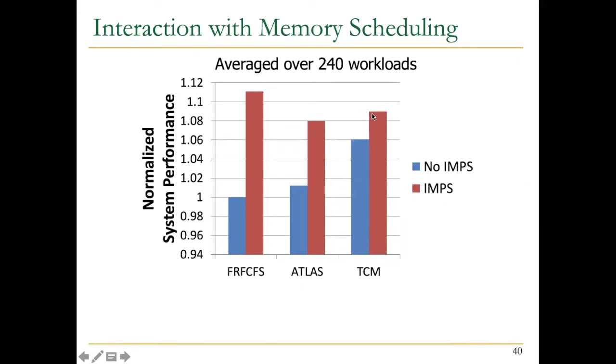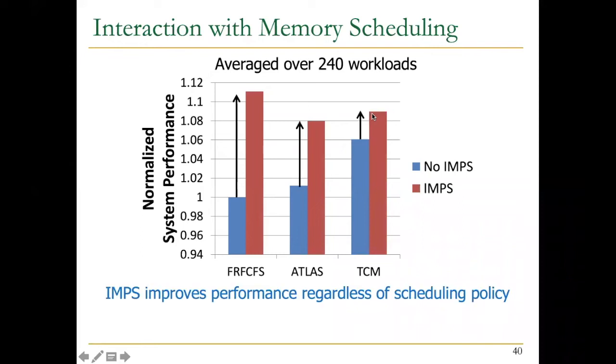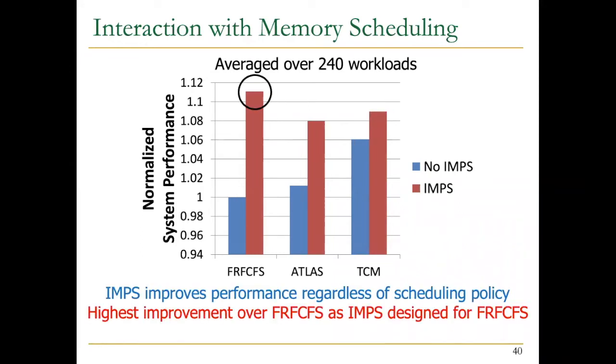And the reason is actually interesting. The highest improvement comes from implementing IMPS on top of FRFCFS, because integrated memory channel partitioning and scheduling is designed for FRFCFS. All of the design decisions are made considering the fact that you have an underlying FRFCFS memory scheduler to begin with.